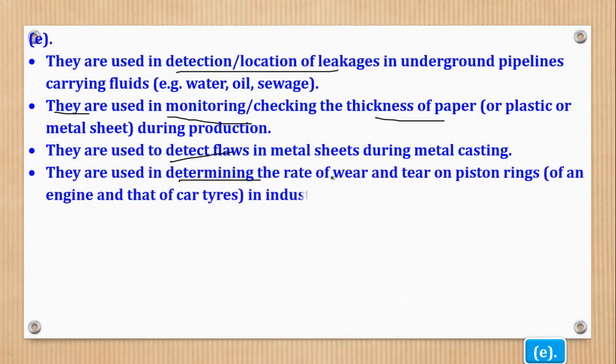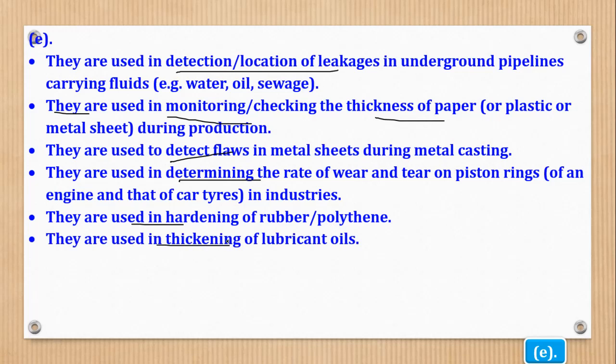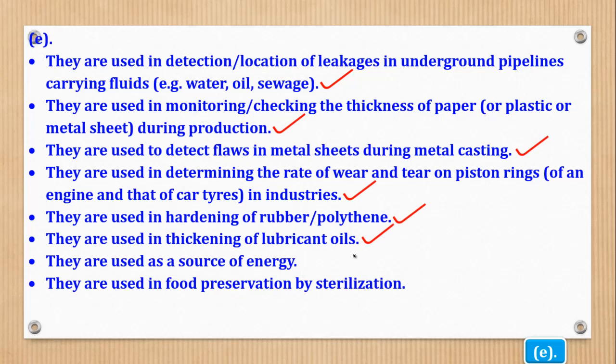Used in determining the rate of wear and tear on piston rings in industries. Used in hardening of rubber and paraffin. Used in thickening of lubricant oils. Used as a source of energy. Used in food preservation by sterilization. So any 3 would be okay.